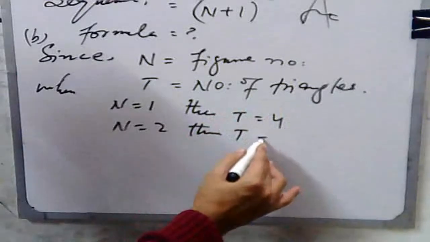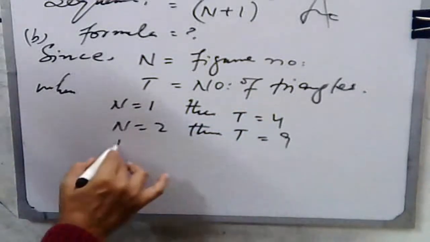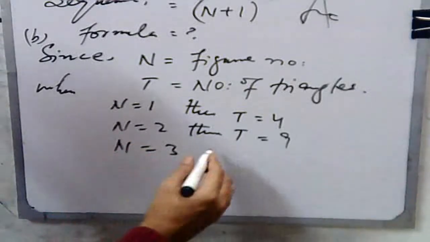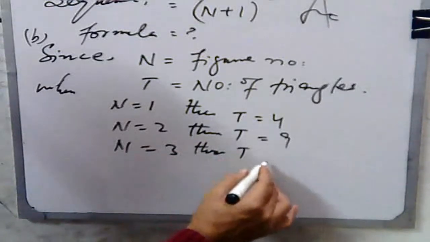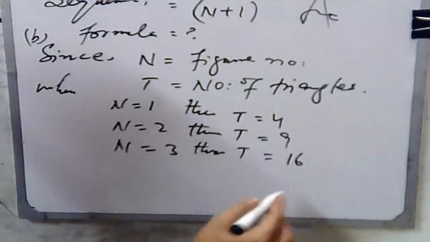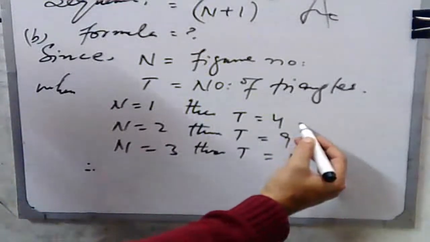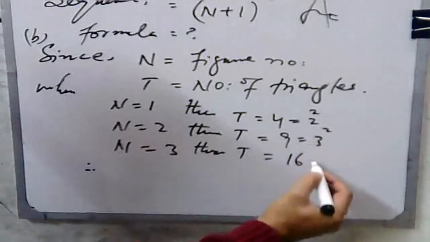Similarly, when I put n is equal to 3, when I saw figure number 3 in your textbook, we came to the conclusion that the number of small triangles is 16. Now 4 can be written as 2 power 2, 9 can be written as 3 power 2, and 16 as 4 power 2.